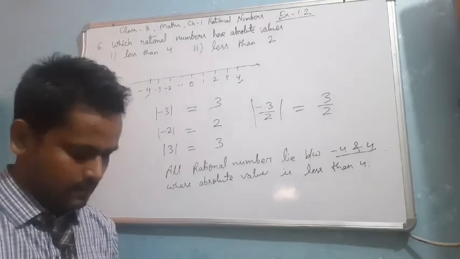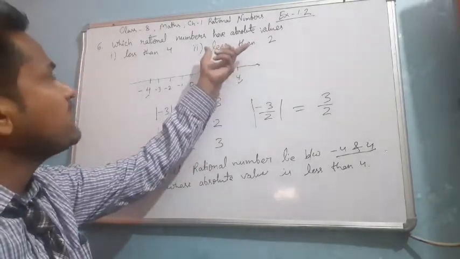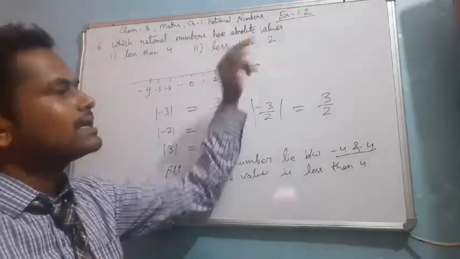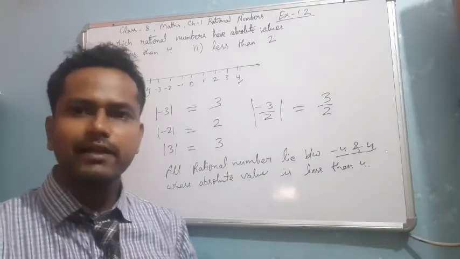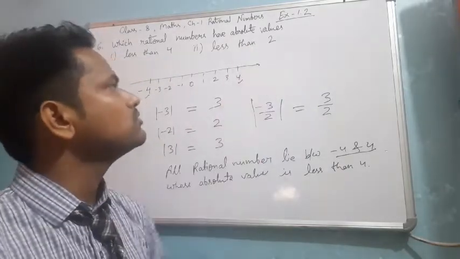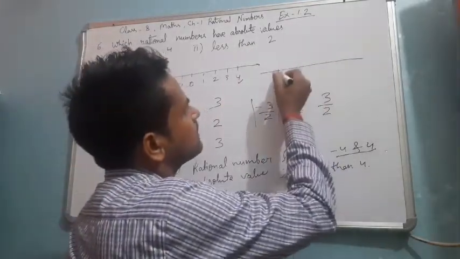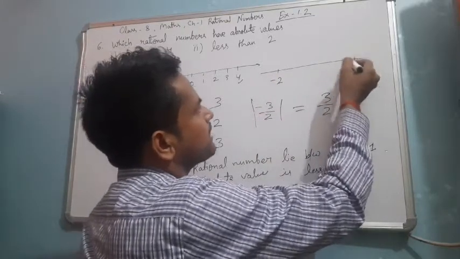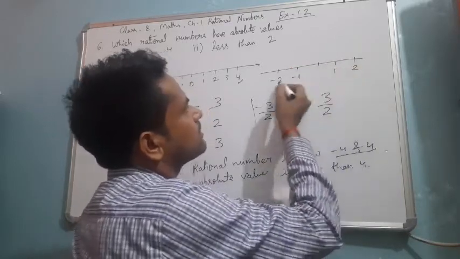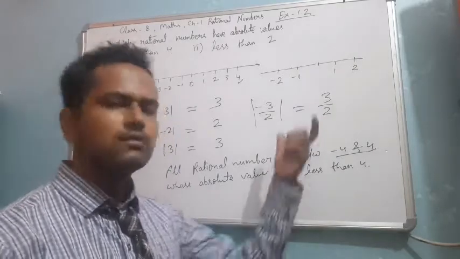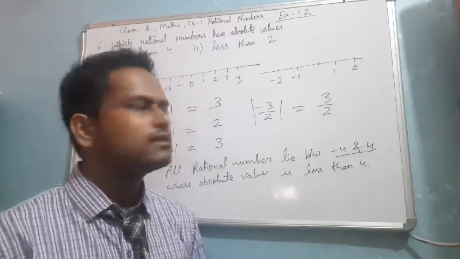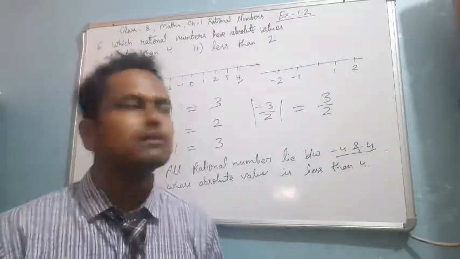And similarly, you have to find the rational numbers whose absolute values are less than 2. You have to find the sets of all rational numbers whose absolute values are less than 2. So simply draw a number line, put minus 2 and 2, and in between minus 2 and 2 take any rational number and take its absolute value; then you will find the absolute value is less than 2.